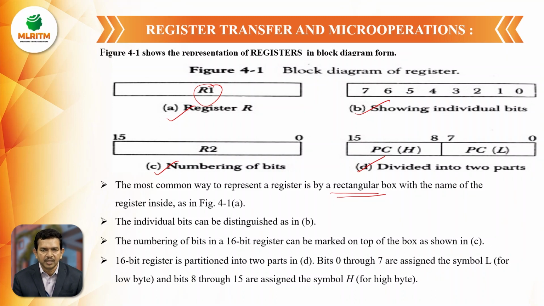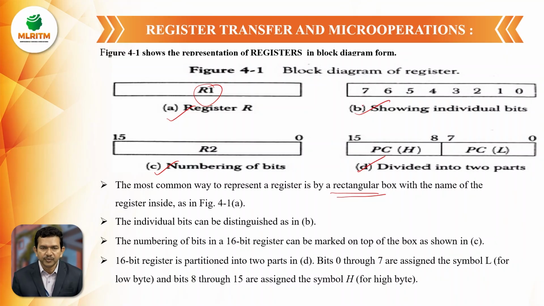That name is R1, or if I make it register 2, I can call it R2, or I can consider it R3. So basically, a register block diagram should be a rectangular form with a name inside, designated with a capital R followed by a number.